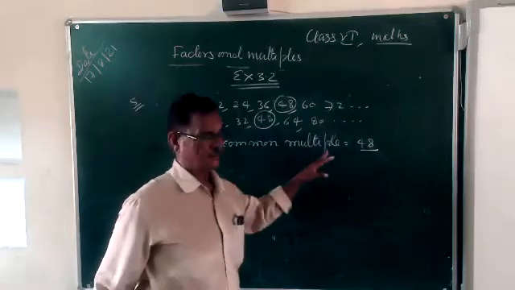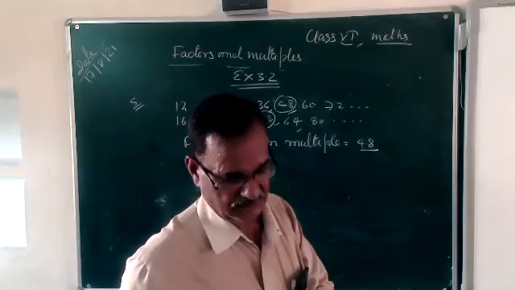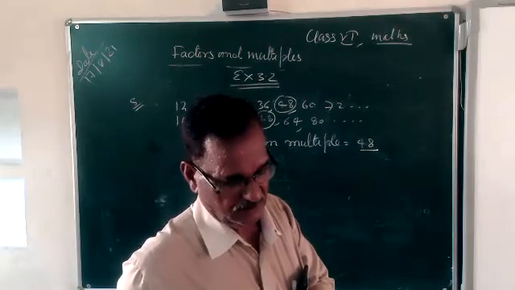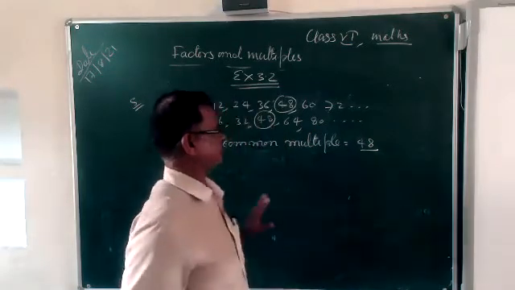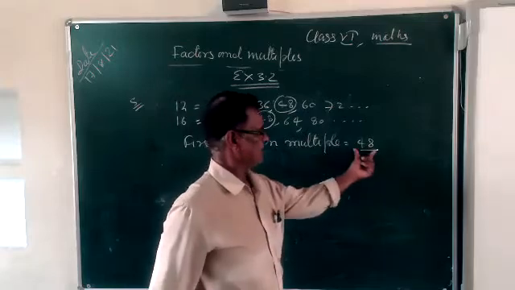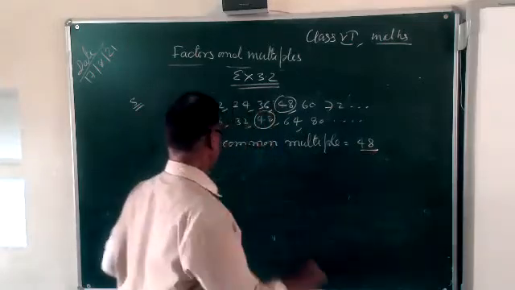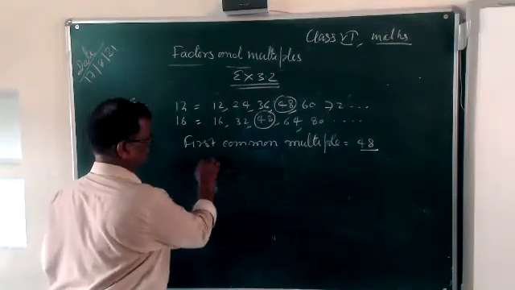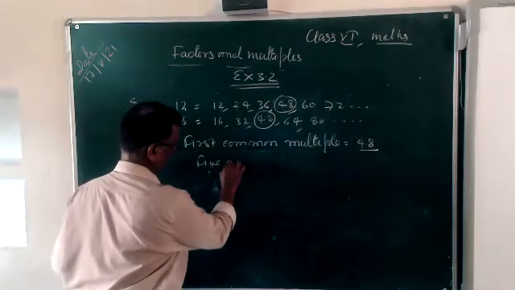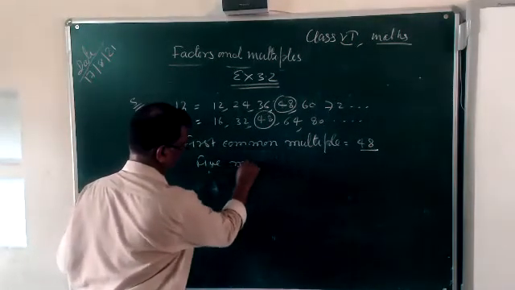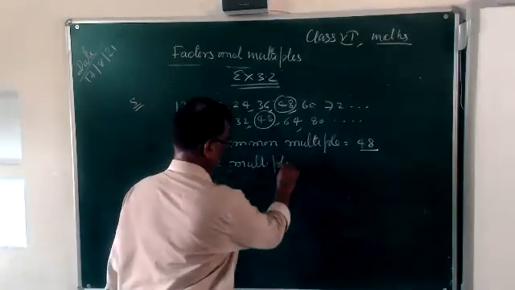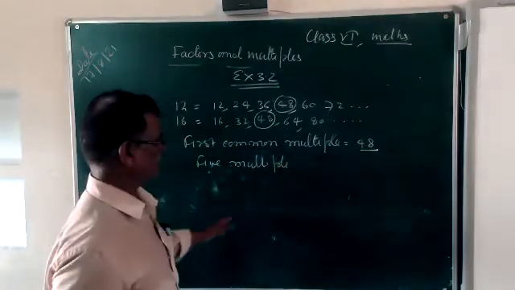You have to find 5 multiples. This is one method: you get the first multiple and then 5 multiples. Asking 5 multiples here.